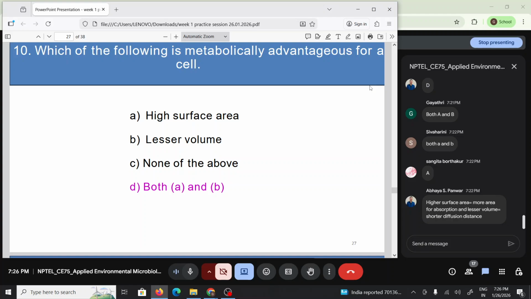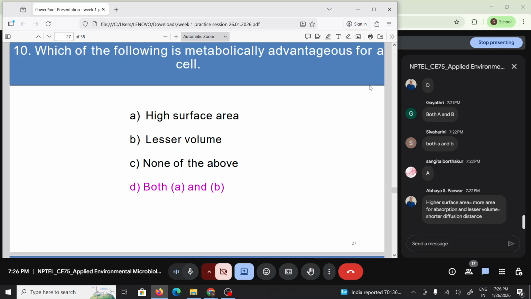Whereas if the surface area to volume ratio is very, very low, it means the volume of the cell is very high and the diffusion distance is very long. Therefore it will take more time for the metabolic uptake or the nutrient uptake. So that is why we need high surface area and less volume, so that our surface area to volume ratio is high and the diffusion distance is very low.